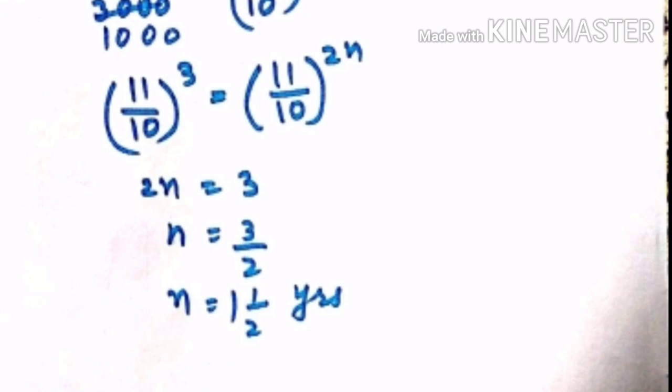So n is equal to 3 by 2. Now n is equal to 3 by 2 means it is 1.5 years. 3 by 2 we can change into a mixed fraction by dividing, so that n is equal to 1.5 years. They asked to find the time period and we calculated time as they asked for.